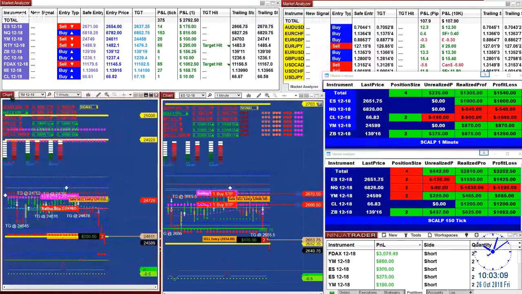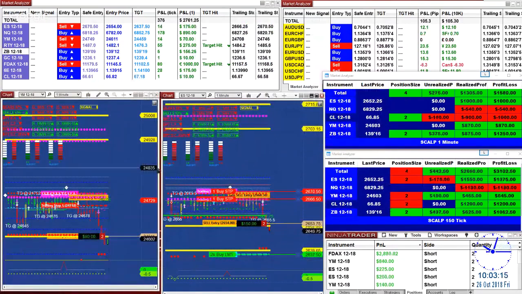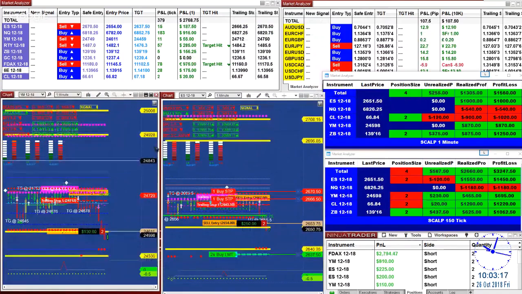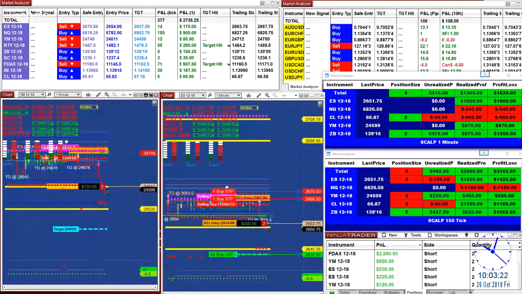Right now, within a few seconds, we have 225 on this trade. The auto trade has already put the target there, and we are just rolling on these trades. This is very good for a Friday.